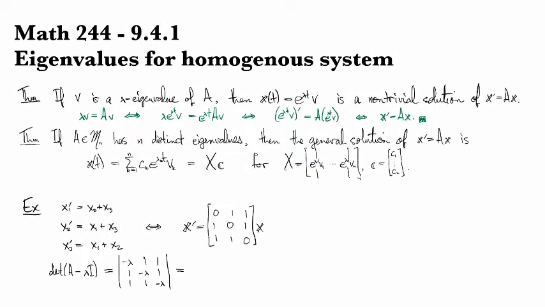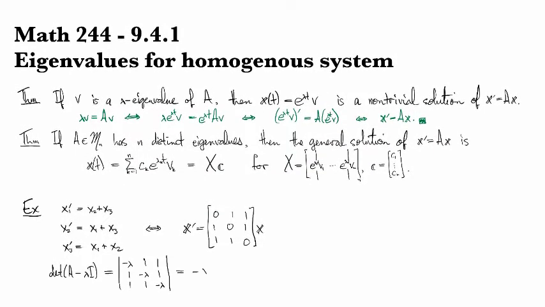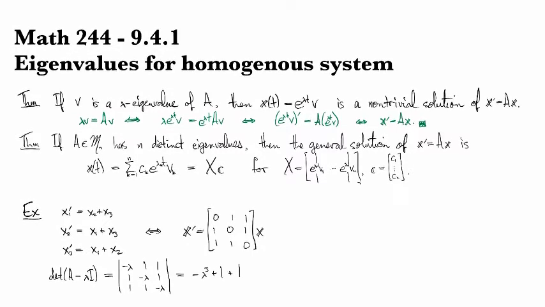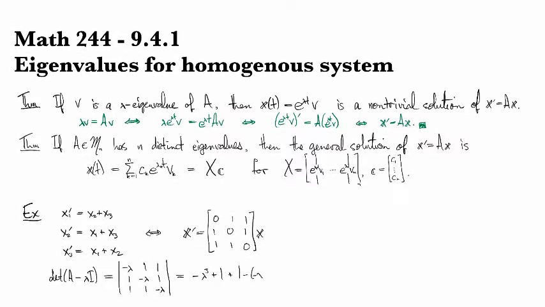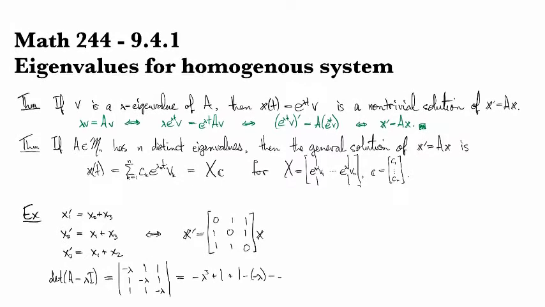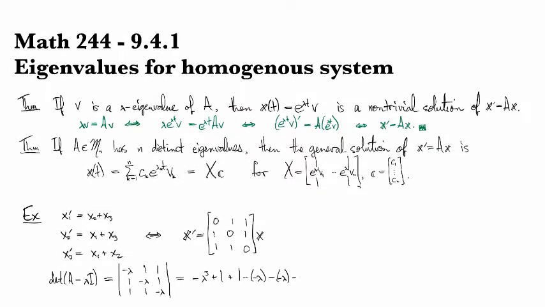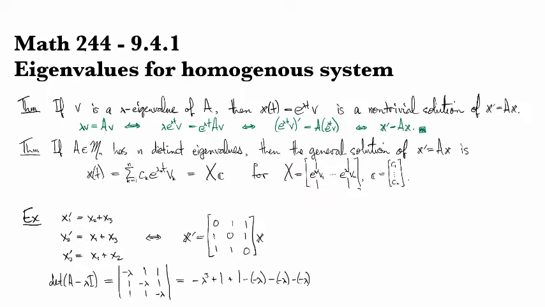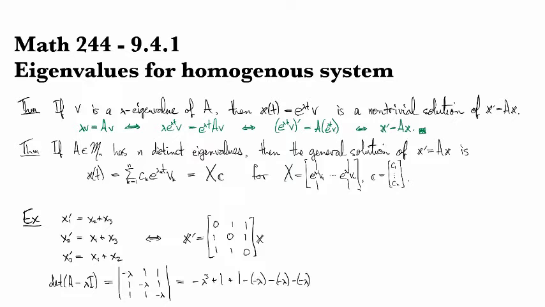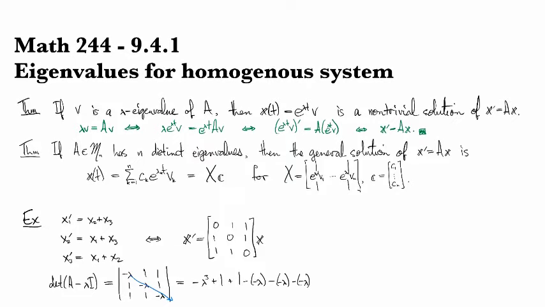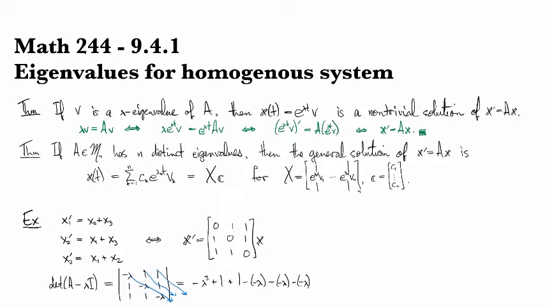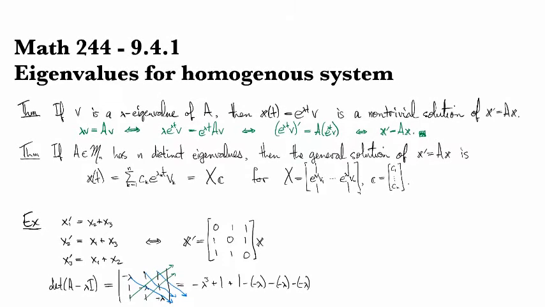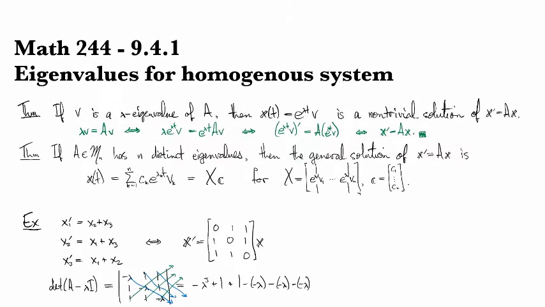Take the determinant of that, and we get minus lambda cubed plus 1 minus negative lambda minus negative lambda minus negative lambda, doing this product here plus this one, and then minus negative lambda minus negative lambda minus negative lambda.